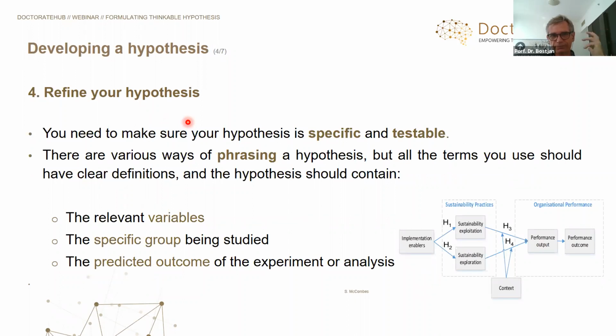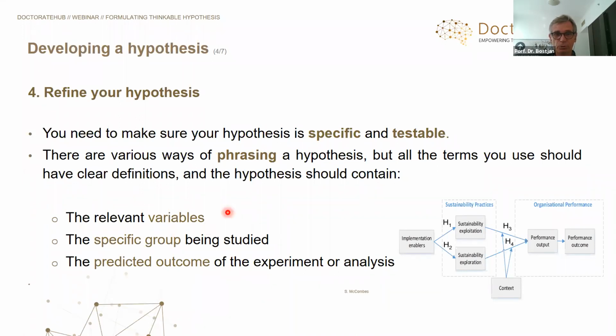Because as we said, you have to write it in a way that it is really specific to your research, to your study, and so that you can see on the basis of the hypothesis that it is testable. And I'll show that as well. You can use different ways to phrase a hypothesis, but what is extremely important is that in this hypothesis statement, different things have to be included.